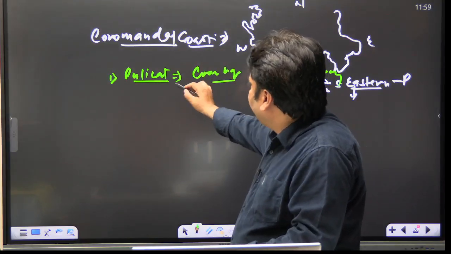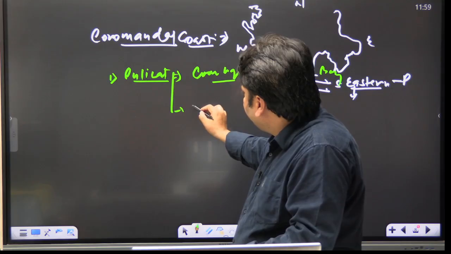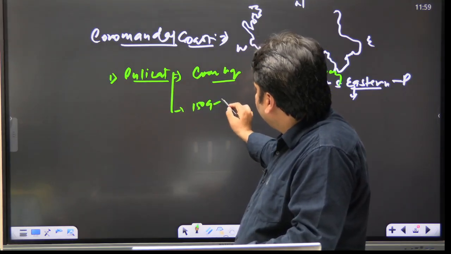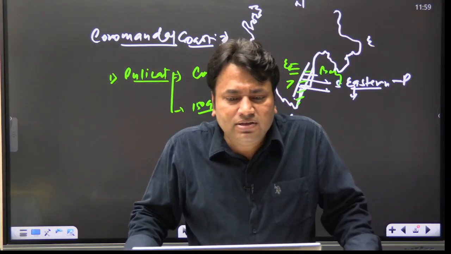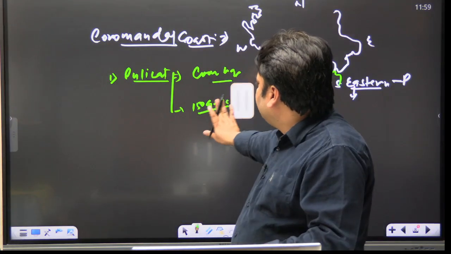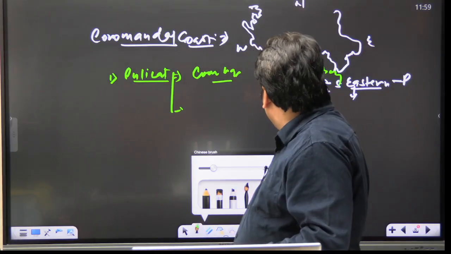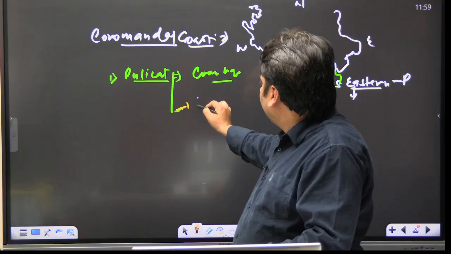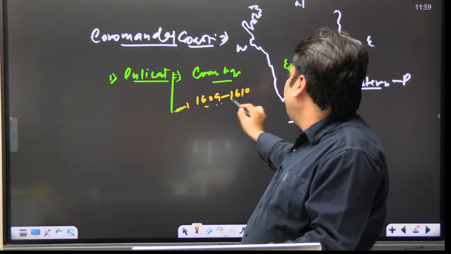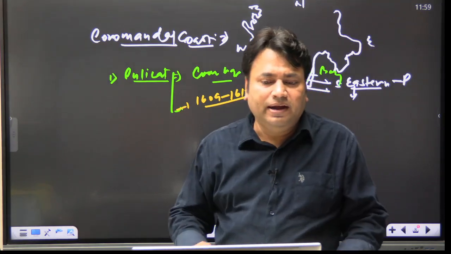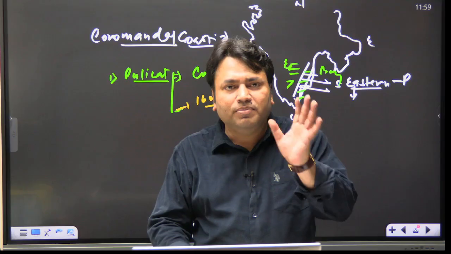It is one of the most important destinations, and Pulicat came under the control of the Dutch in 1609-1610. It is one of the first major Dutch factories.